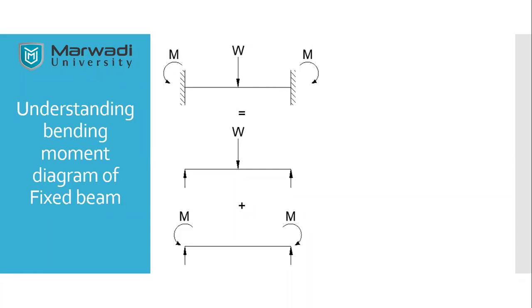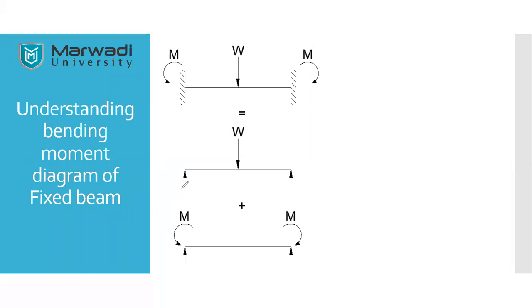Now, if I want to understand the bending moment diagram, what are we going to do? We are very well acquainted with the bending moment diagrams of a simply supported beam. In a simply supported beam, if it is subjected to a load W, what will be the reactions that we get?